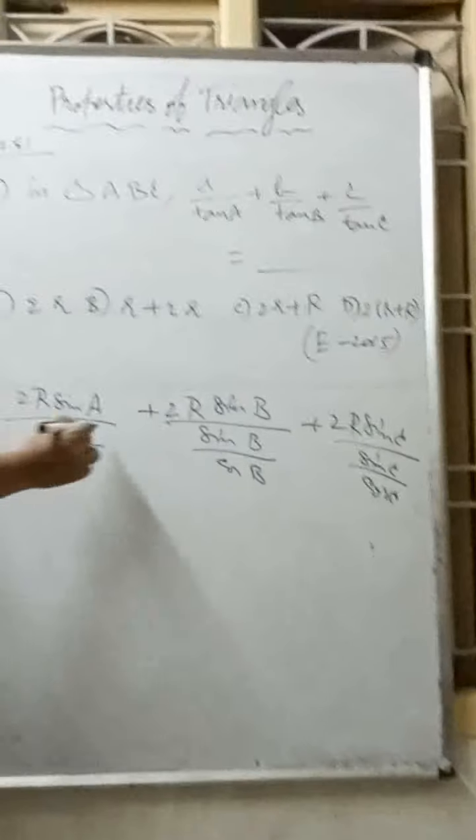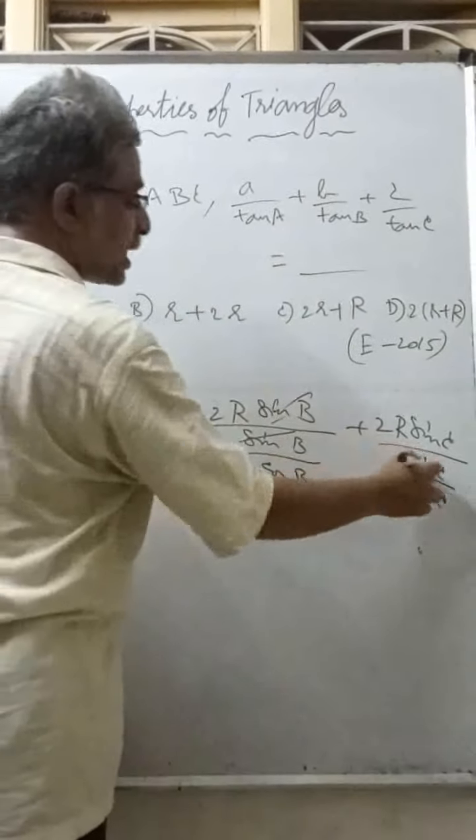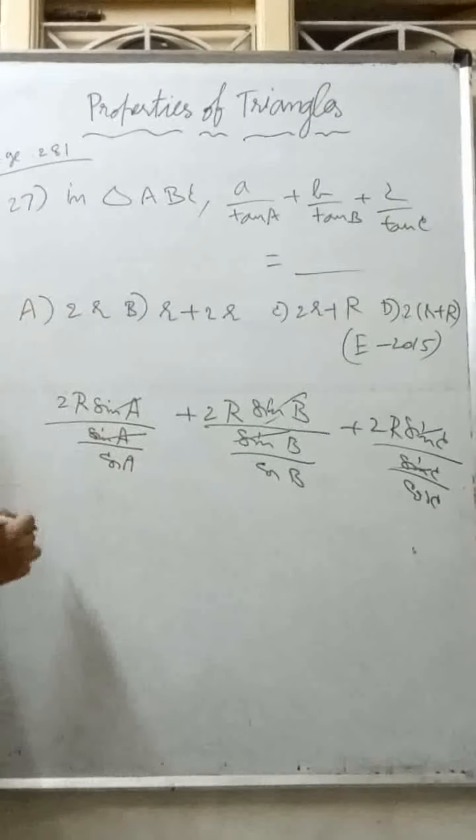So what happens is sin A cancels, sin B cancels, sin C cancels, and cos A goes to the numerator.